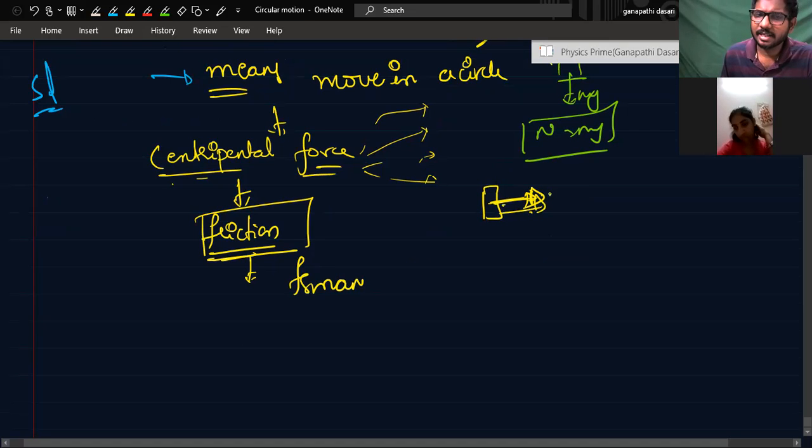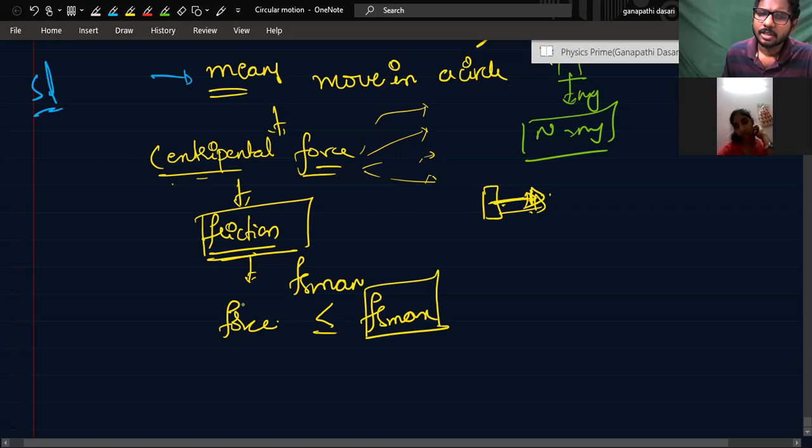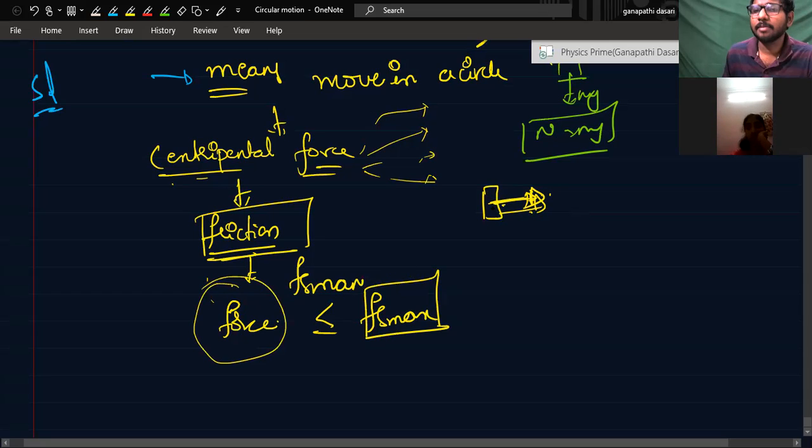If it should not skid, that means whatever centripetal force is there should be less than or equal to the maximum frictional force. If the centripetal force required is higher, it means it is going with a higher speed. If it is higher than the maximum static friction that can be provided, then this friction cannot stop the car sliding in this right side direction. Okay, got it?